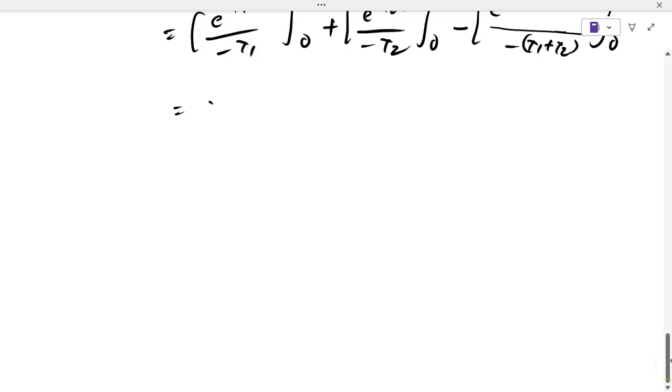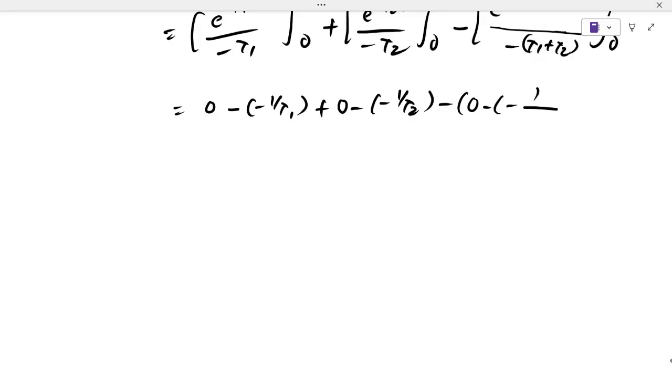Now that is equal to 0 minus of minus 1 by lambda 1, plus 0 minus of minus 1 by lambda 2, minus of 0 minus of minus 1 by lambda 1 plus lambda 2.